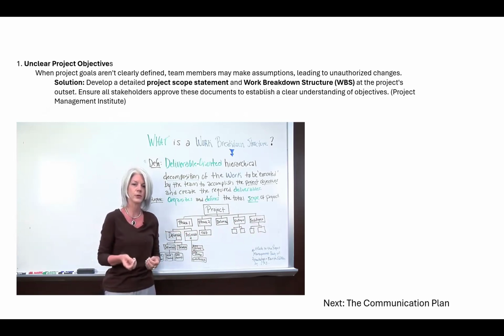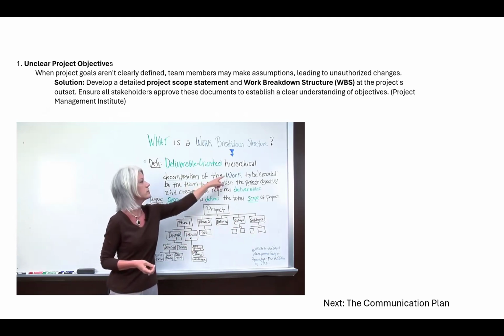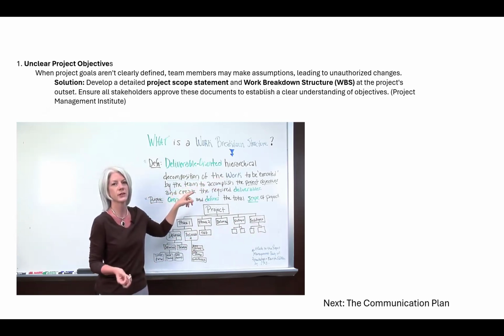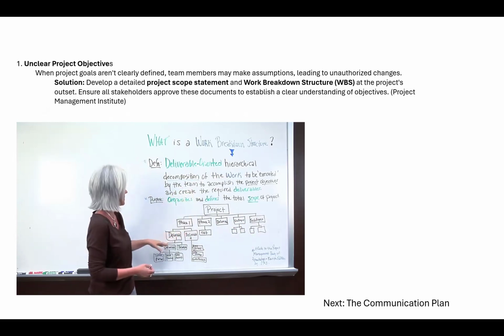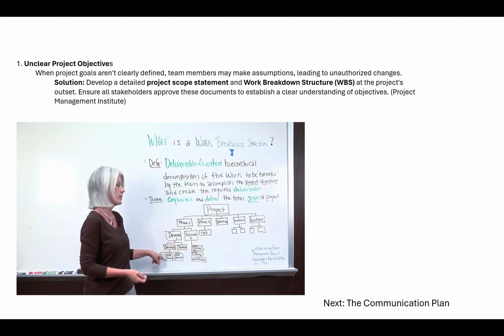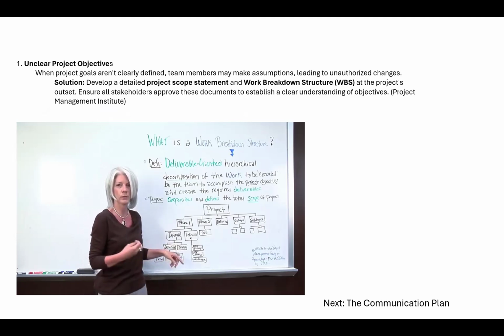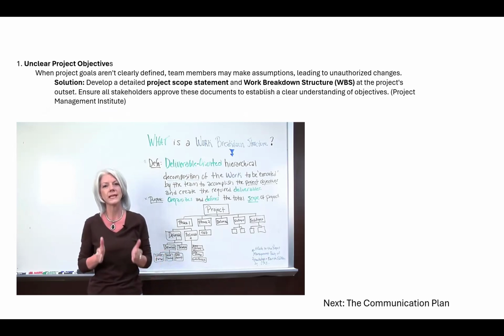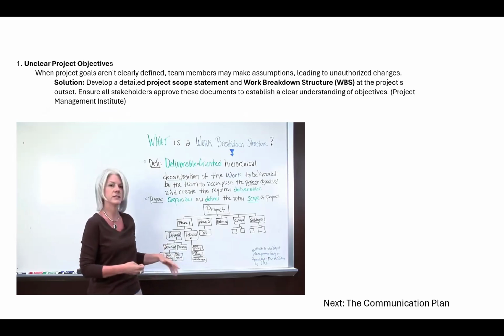We break it down to the work to be executed. So work is executed by work packages. This deliverable 1 is broken down into other sub-deliverables, which are broken down eventually to work packages. And remember, your team members are completing work packages that produce these deliverables.